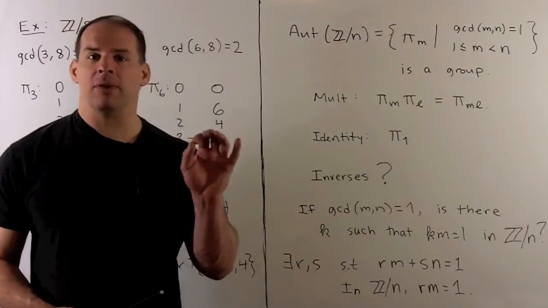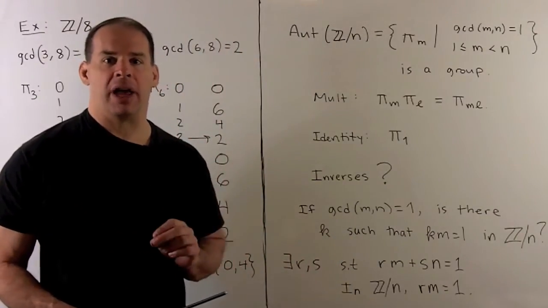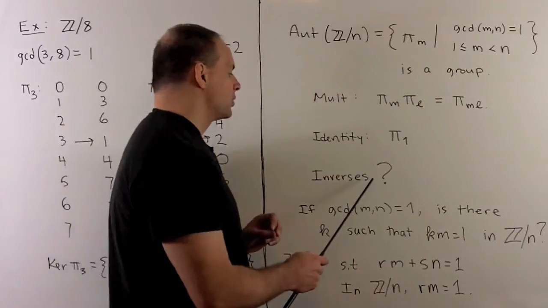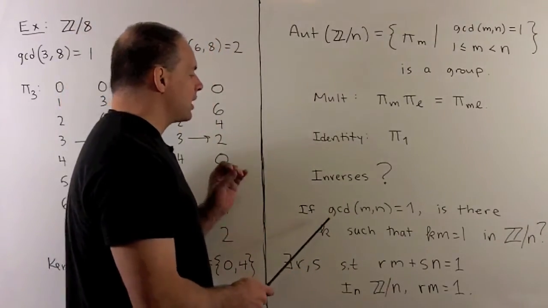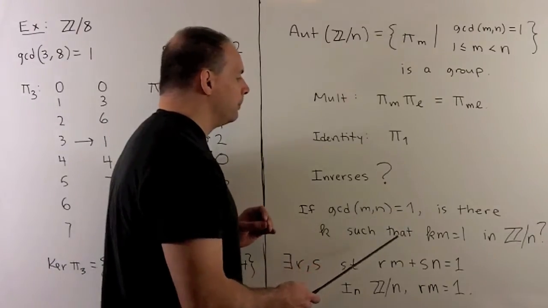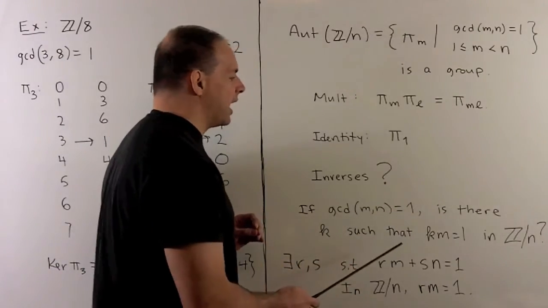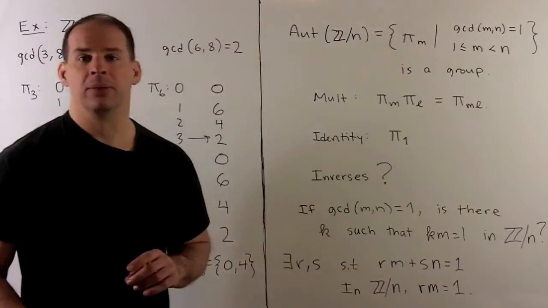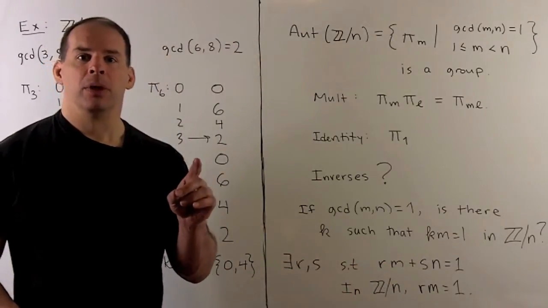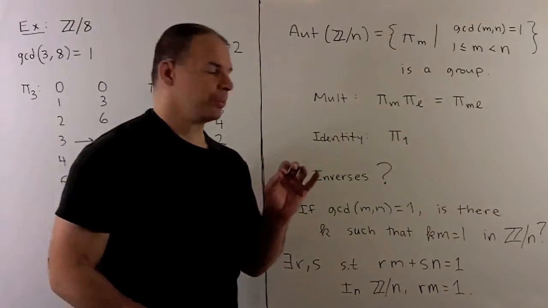And then when we get to inverses, it's not clear what we have for an answer here. So the idea is we ask if the greatest common divisor of m and n is equal to 1, is there a k such that k times m is equal to 1 in Z mod n? For the answer here, we go to a result from the integers.